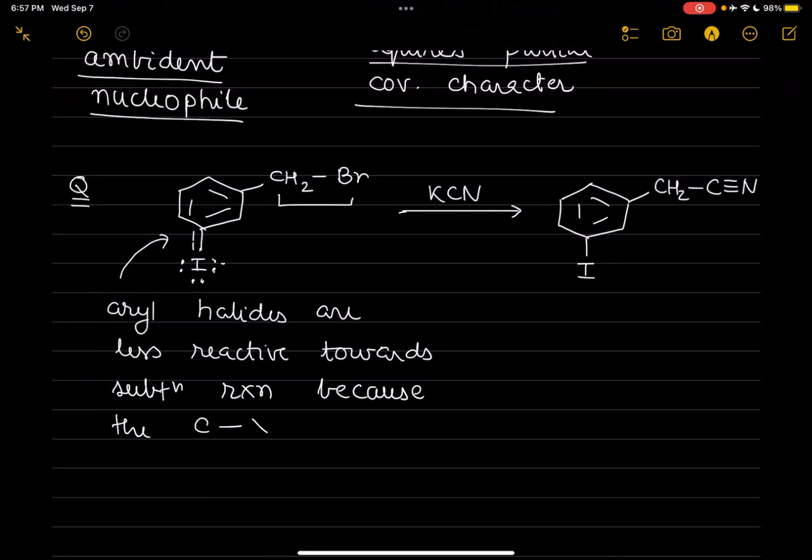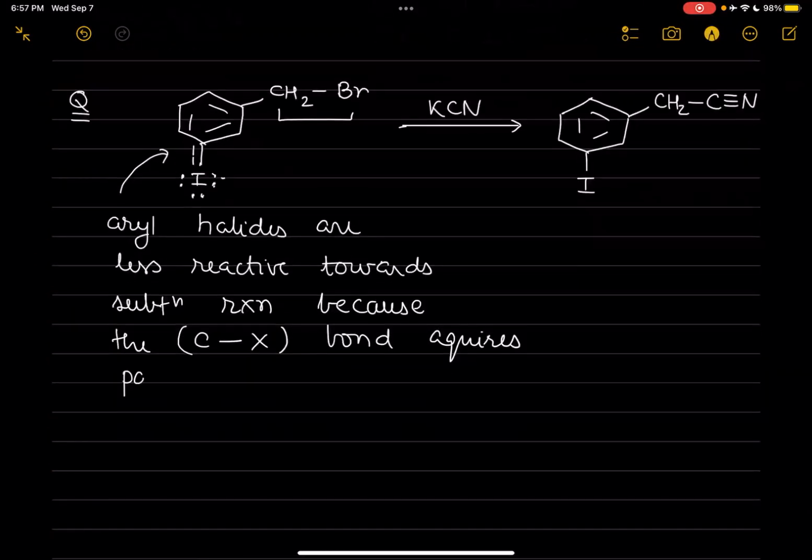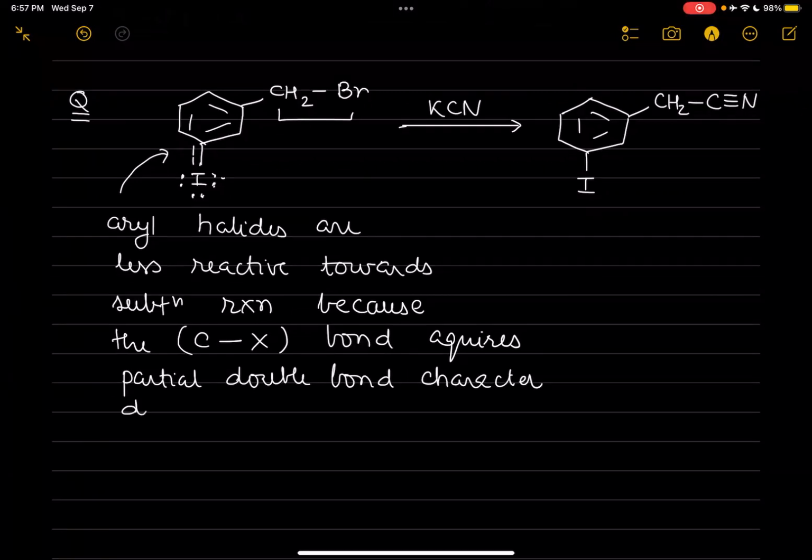The carbon halogen bond acquires partial double bond character due to resonance, and if something is connected by a double bond, it's very difficult for us to remove it.